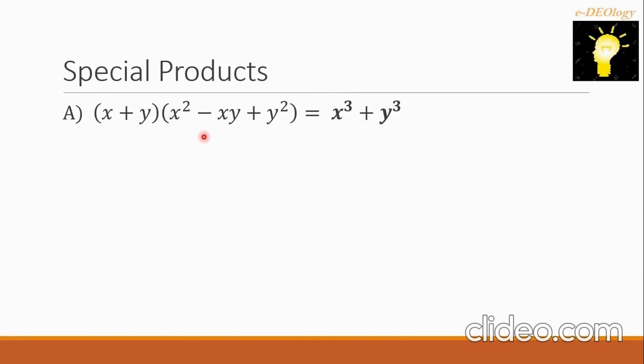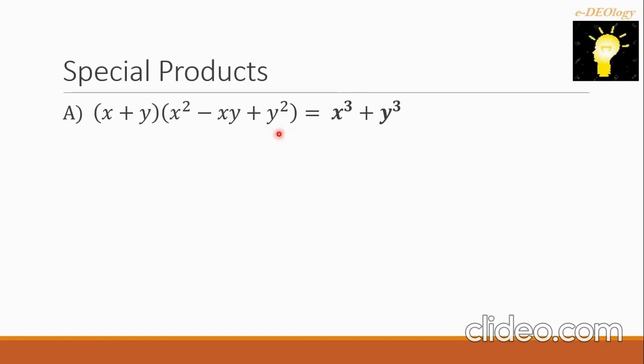The middle term is negative xy. This is the product of these two terms, x and y. But we should write the opposite sign. If we multiply x and y, it will give positive xy. But in here, the sign must be the opposite. Should be negative. So negative xy in the middle term.